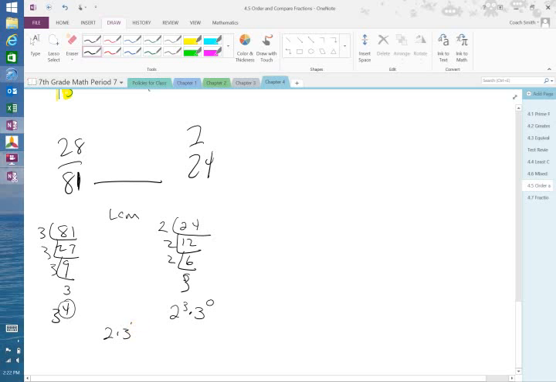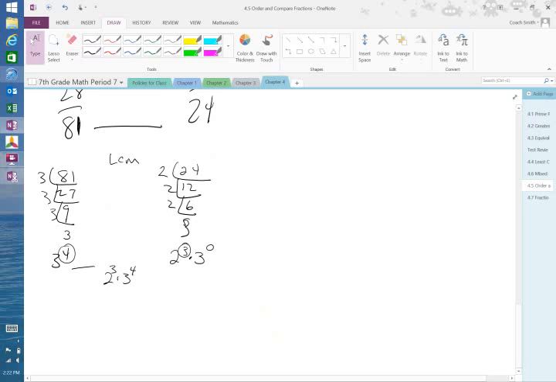So I got to use 3 to the 4th. I have 2 to the 3rd and no 2, so I got to use 2 to the 3rd. 2 to the 3rd is 8 times 3 to the 4th, which is 81. So that's 648 is your common denominator. Oh, wow, that's right.